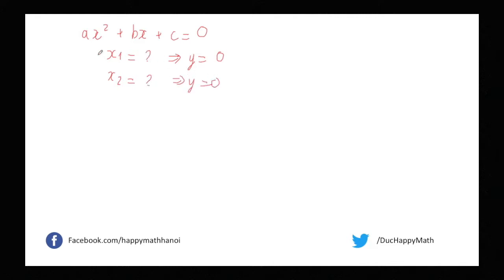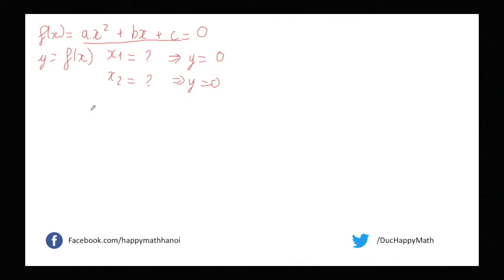I call this function f(x), or y. So when you have the values of x1 and x2, it means those are the values of the variable that make y equal to 0. If you want to graph this, you have to divide into two cases.